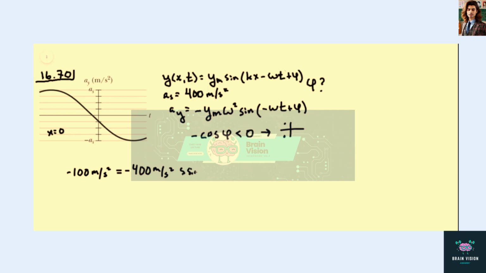This will be times the sine of the angle, or the phase, because t is 0, so negative omega t goes away. Negative things cancel. So then we're left with the phase is the arc sine of 1/4. 100 meters per second squared divided by 400 meters per second squared is 1/4.